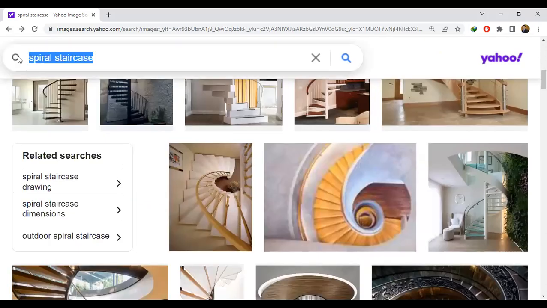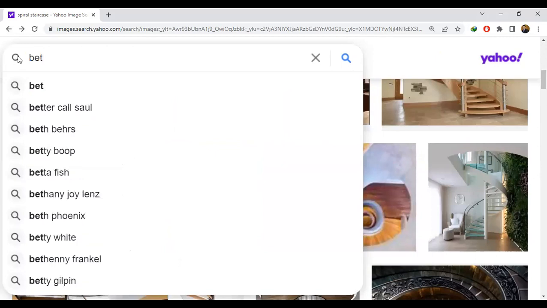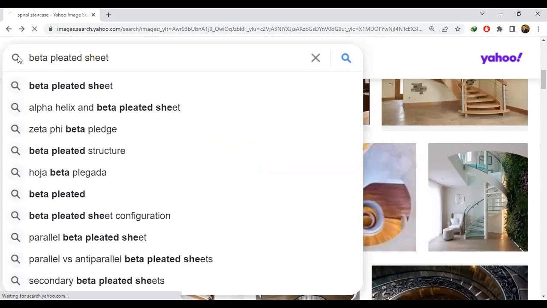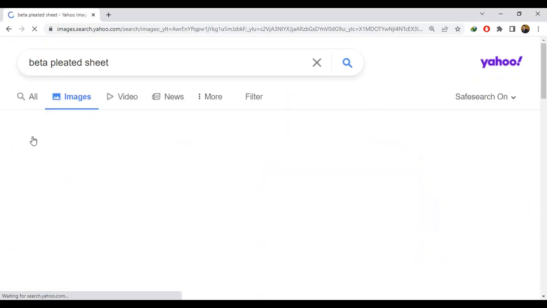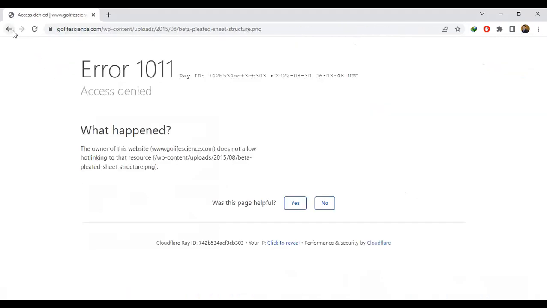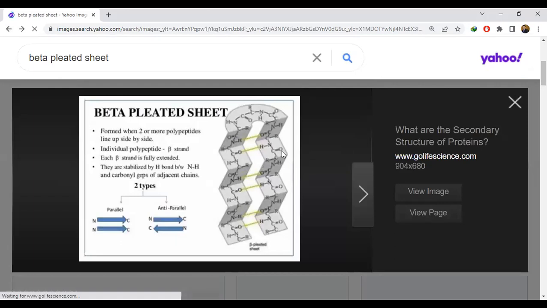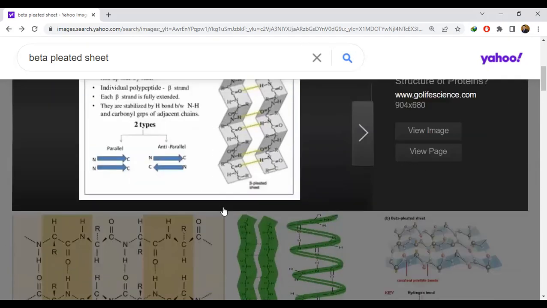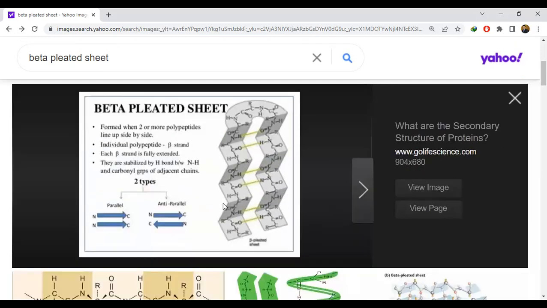Okay, so it is like a spiral staircase. If you go for beta pleated sheet, this is the arrangement of beta pleated sheet. Look at this diagram. Is it a single chain or are there two chains there?